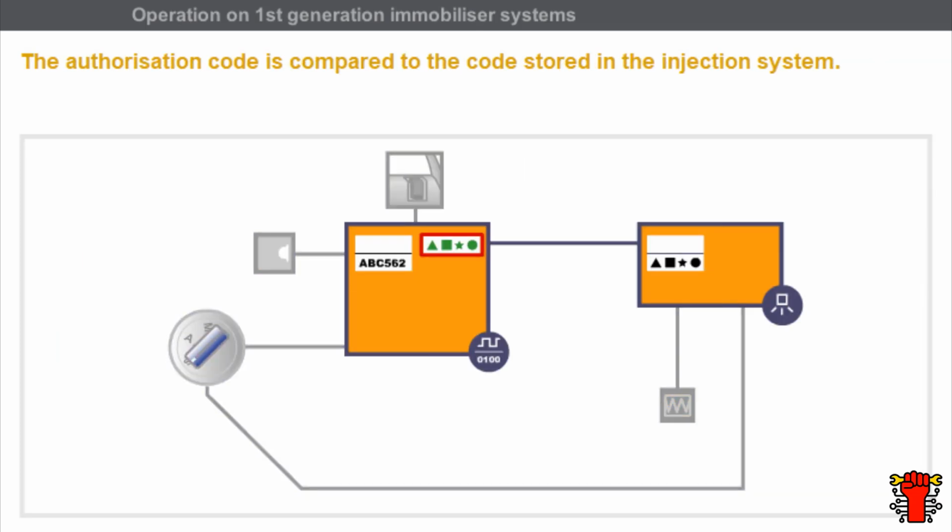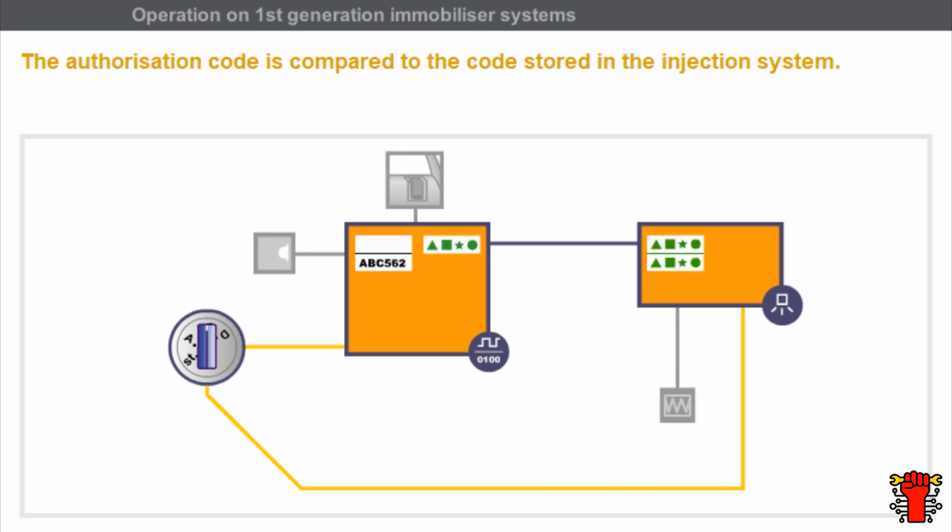The authorization code is important in communication between the decoder and injection system. As we have seen previously, the decoder transmits the authorization code to the injection system when the ignition is switched on. The injection system is a coded electronic unit that also contains a stored code. The authorization code received by the injection system is analyzed and compared to a stored reference code.